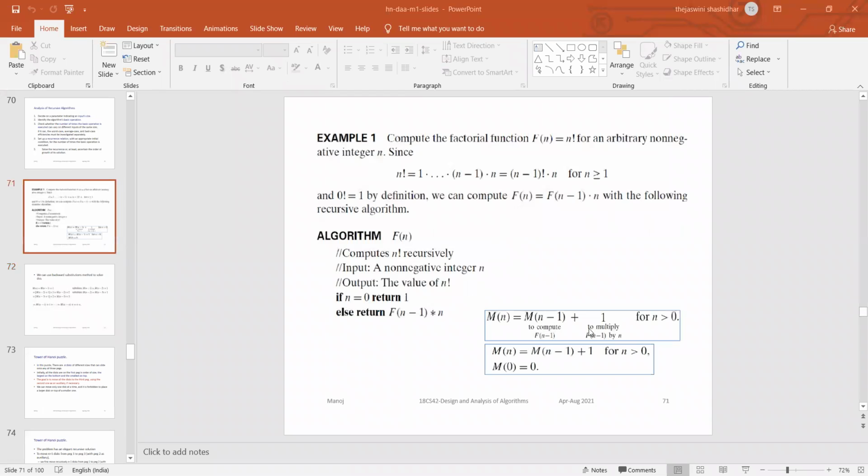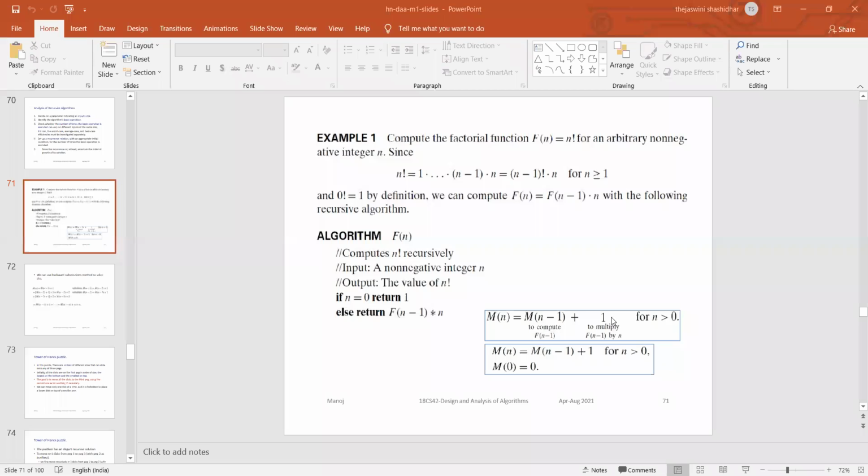The recurrence relation is M(n) = M(n-1) + 1. Are you having any problem in typing and chatting? For the questions, you have to chat here.